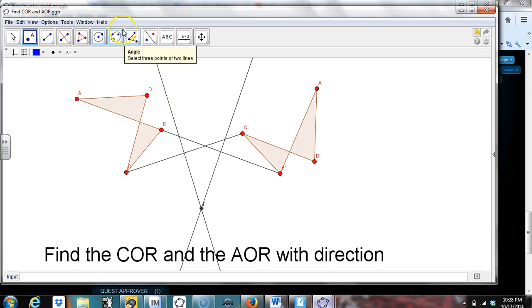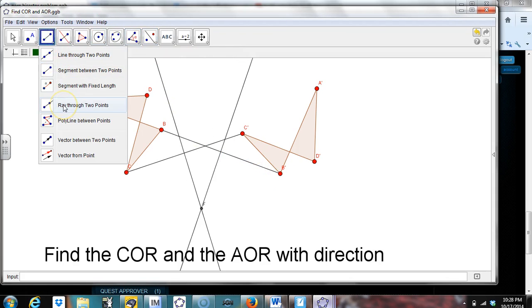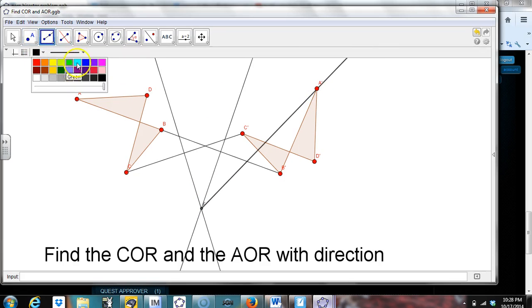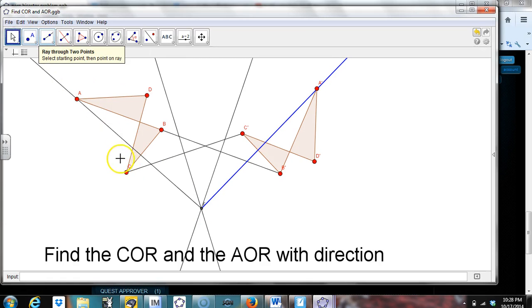And we can measure that angle. All I really have to do is use my ray tool. It's in our line toolbox. Draw a ray from our center through one of the points, maybe A prime. F to A. Okay, so there's our angle.